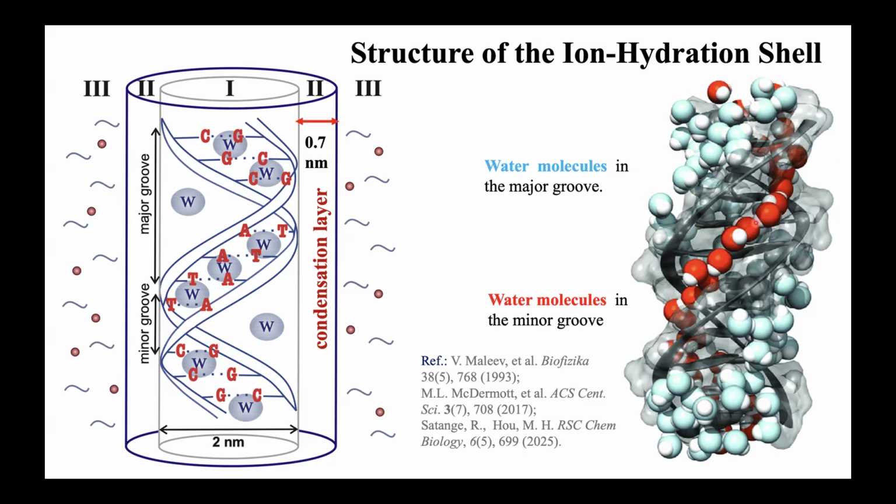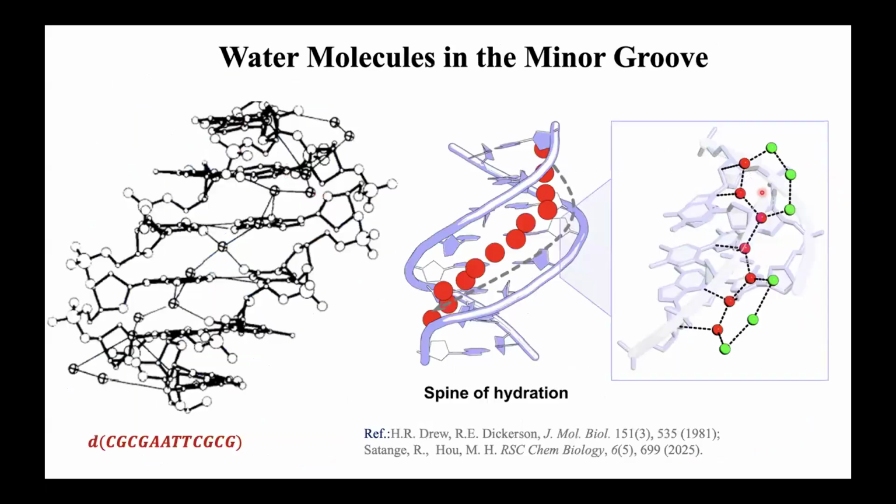For example, the characteristic feature of the B form of DNA is the formation of a relatively stable and ordered structure of water molecules in its minor groove, which is now known as the spine of hydration.